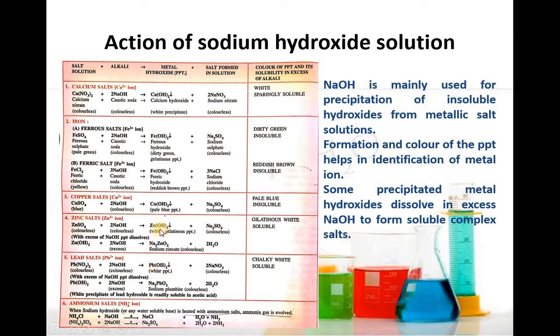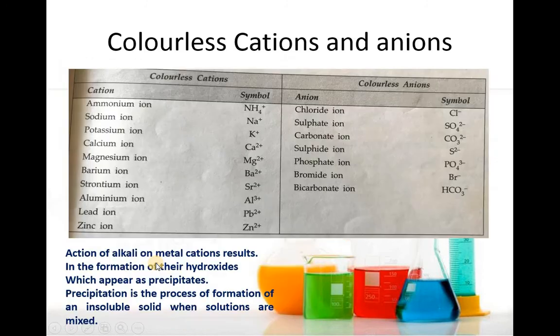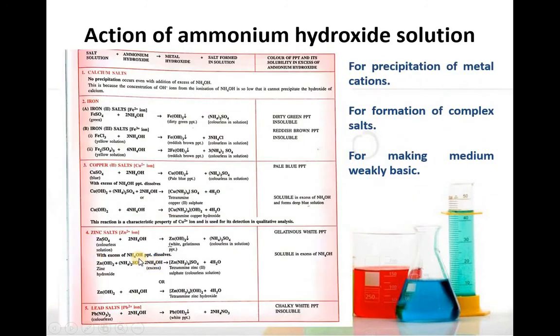If you want to differentiate these two hydroxides, you can add ammonium hydroxide. Zinc hydroxide will dissolve to give tetramine zinc hydroxide, whereas lead hydroxide will not dissolve in excess ammonium hydroxide. So read this part very carefully and make a differentiation table of your own.